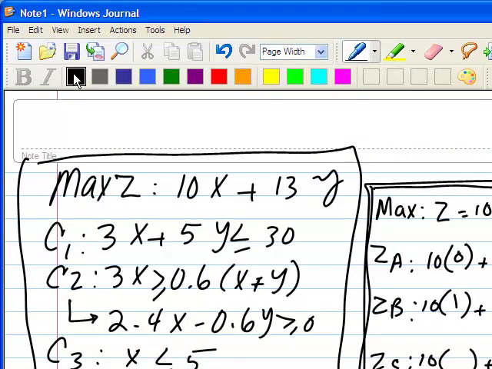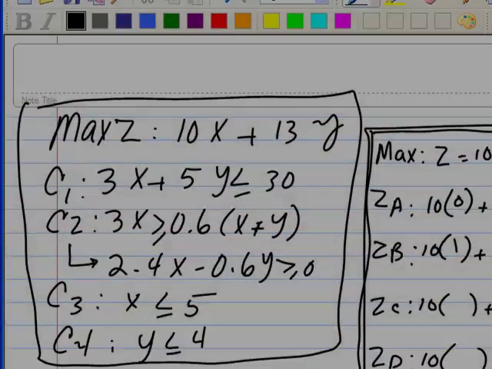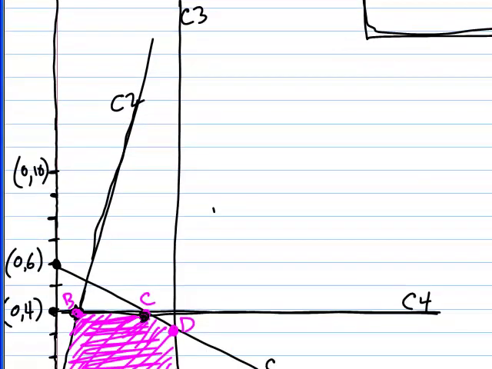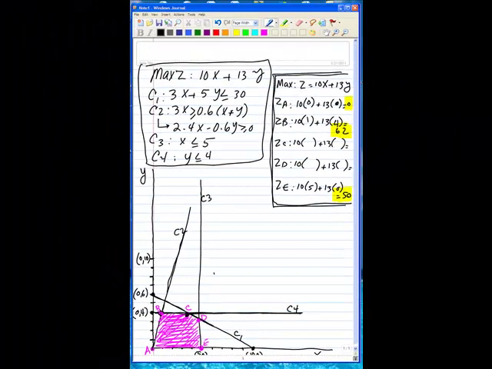Now going back to solving for point C, notice that it occurs at the intersection of constraint 4 and constraint 1 right here.